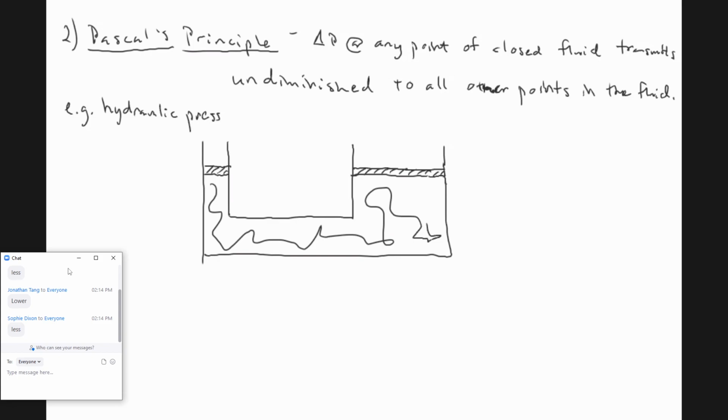So if we apply a force here over A1, we're going to be able to lift a pretty big force here over A2, right? Be able to lift up your vehicle. So Pascal's principle states that in a closed system, the pressure changes are equal at any point in that fluid.